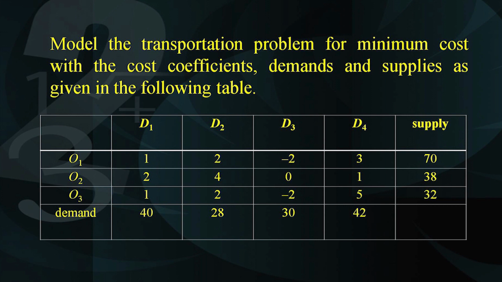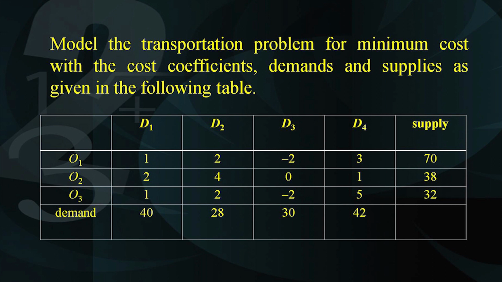So, we need to formulate the objective function and look at the decision variables, and before we do that we need to look at the supplies that are available at each of the origins.